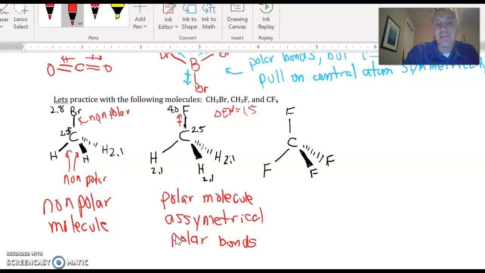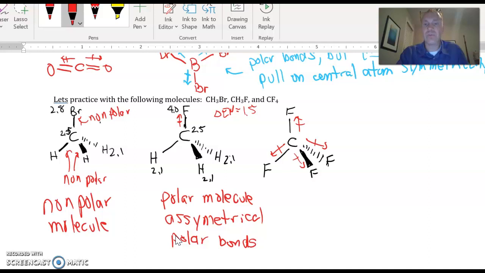And the last example is this one here. This is a tetrahedral molecule, and all of these bonds are polar. If you pulled in all these different directions, you would notice that the central atom would not want to move.